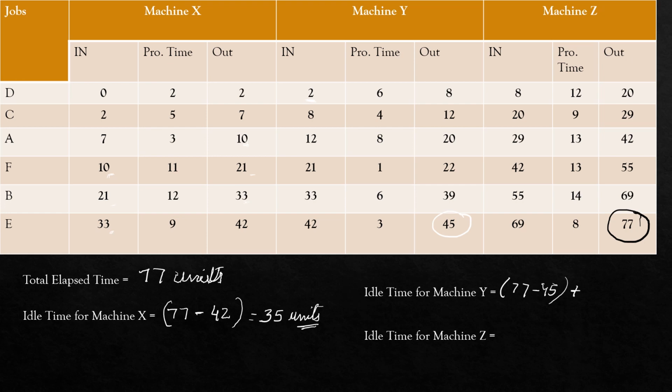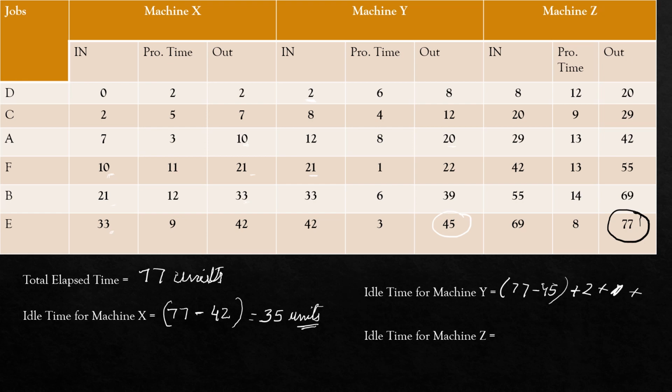It means that for the initial 2 hours machine Y is idle, so plus 2, right? Let us check for the other jobs as well. The job gets completed at 8, it starts another job at 8. This job gets completed at 12, it starts another job at 12. Then the third job gets completed at 20, it starts another job at 21, so 1 hour it is idle.